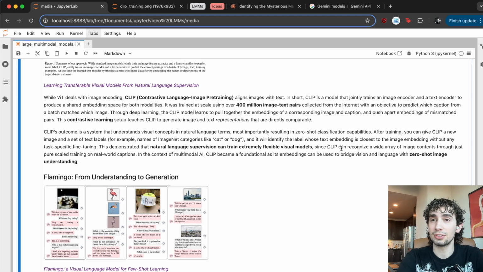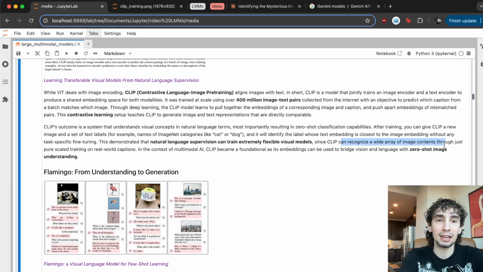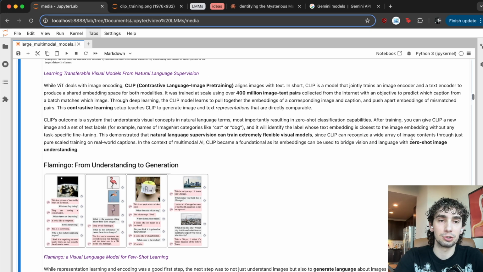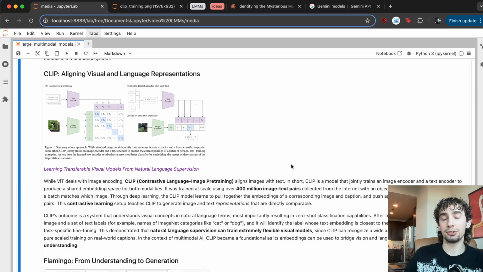Essentially, this means that the CLIP model can recognize a wide array of image contents through just the pure scaled training on real-world captions, which is essentially bridging vision and language with zero-shot image understanding. So now we have a model that can understand images, understand text, and do this comparison together with pretty much anything that you give to it, without any sort of additional training.